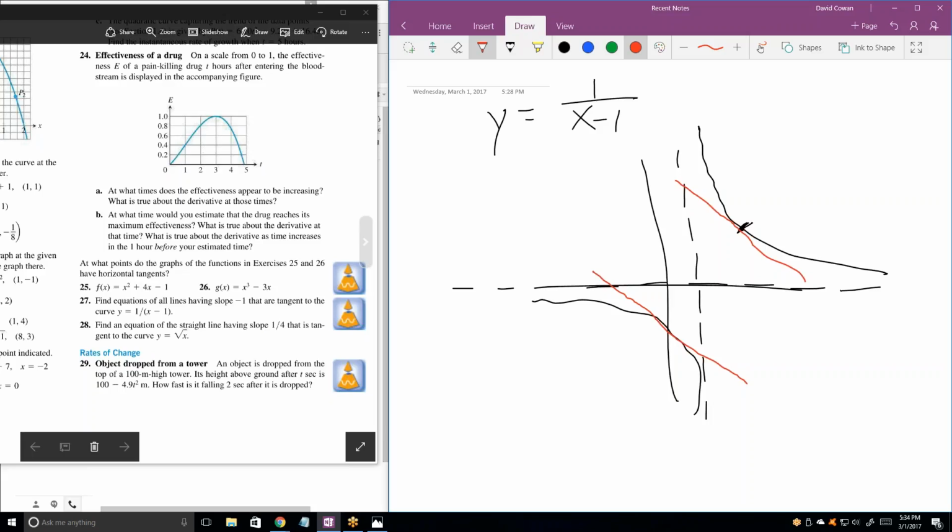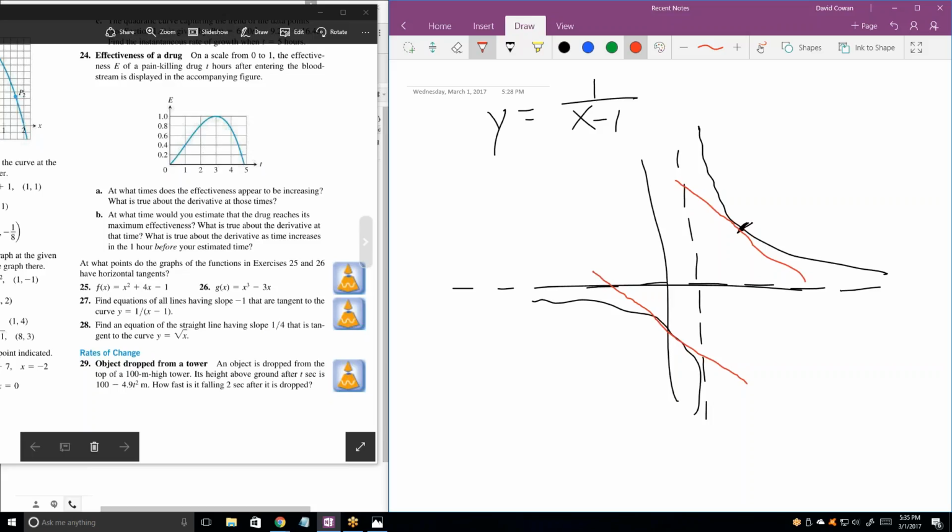So what do I need to do? Point slope. What does slope mean in terms of calculus? The first derivative. Would it be rise? It's the first derivative. That's what first derivative means, is slope.